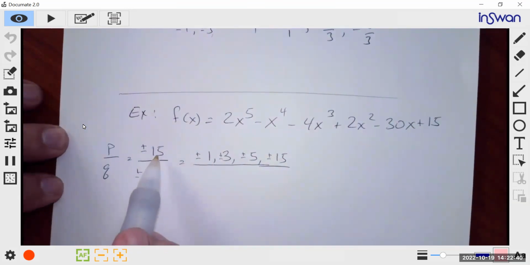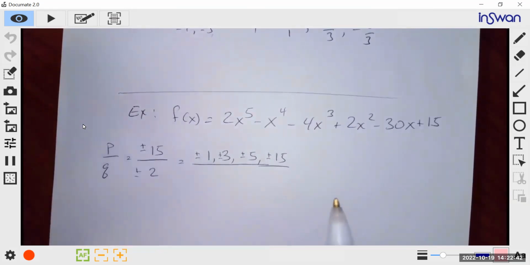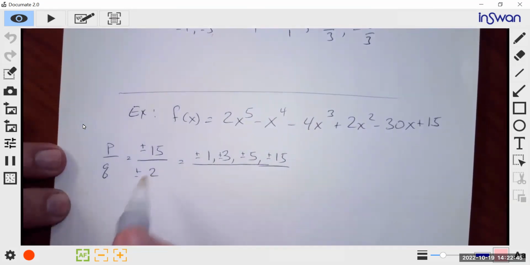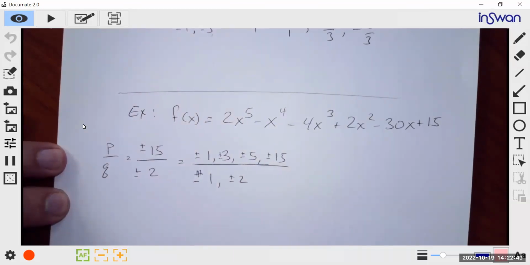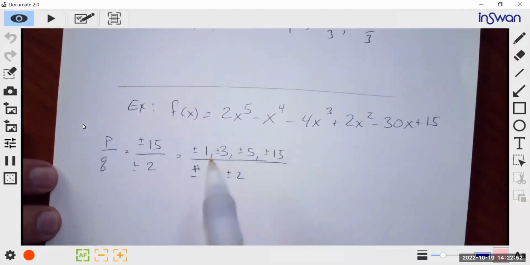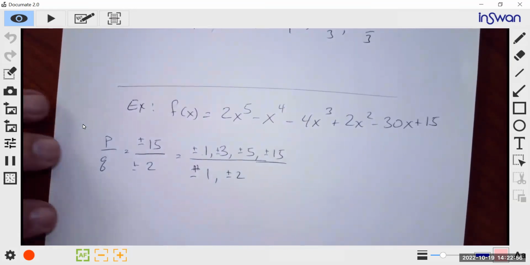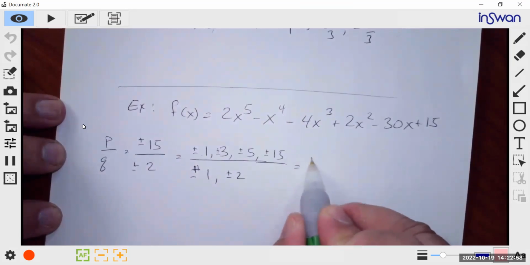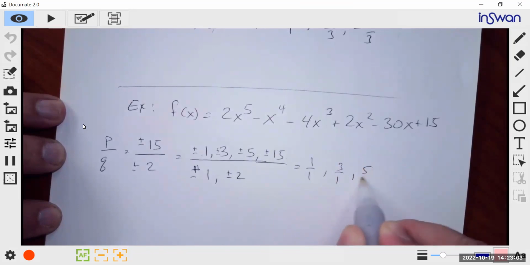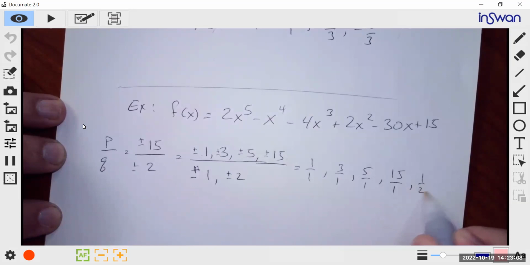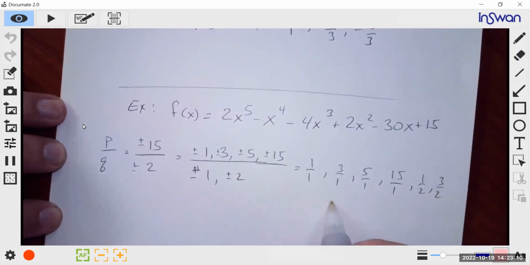So what two numbers multiply to give you 15? 15 times 1 or 3 times 5? What equals 2? So we're going to have 8 possibilities: 1 over 1, 3 over 1, 5 over 1, 15 over 1, 1 over 2, 3 over 2, 5 over 2, and 15 over 2.